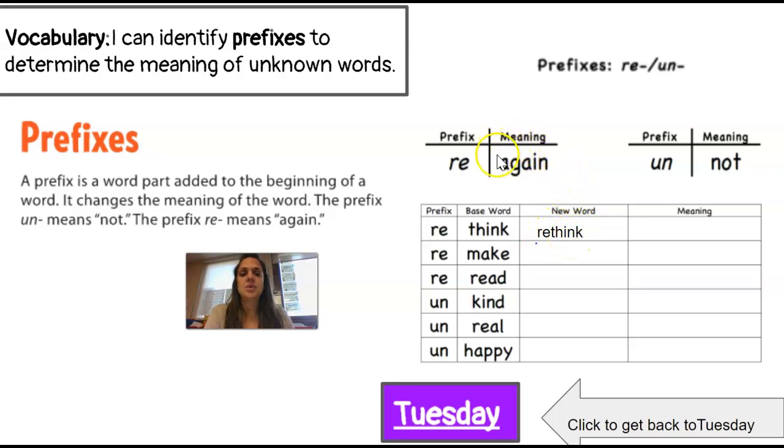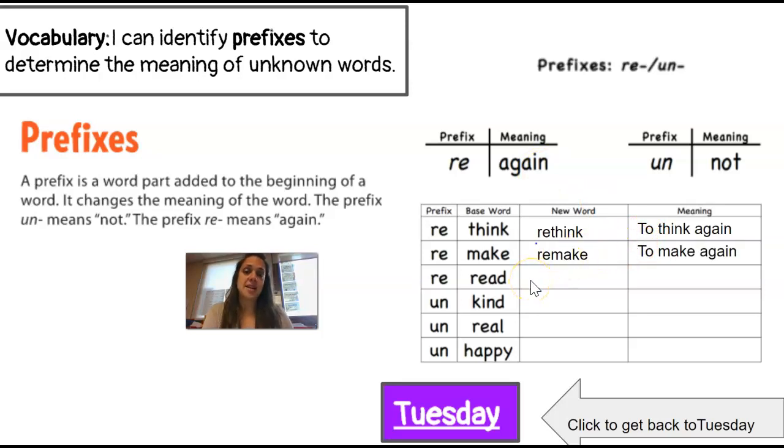So if we use that meaning of re, then the meaning is to think again. Here is our next base word, make. If we add the prefix re in front of the base word make, we get a new word, remake. The meaning is now going to have to do with this word again. To make again.